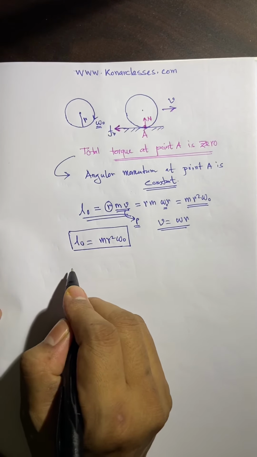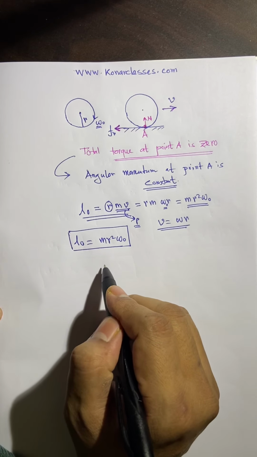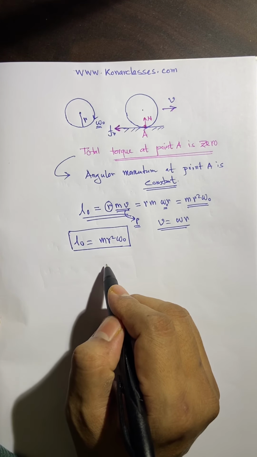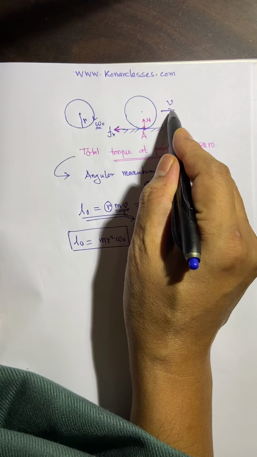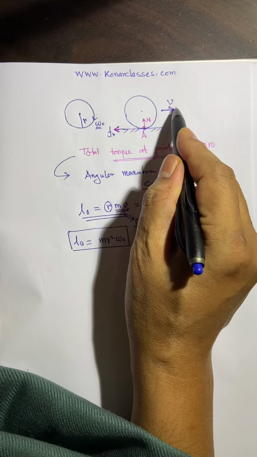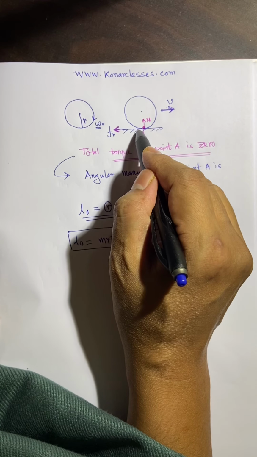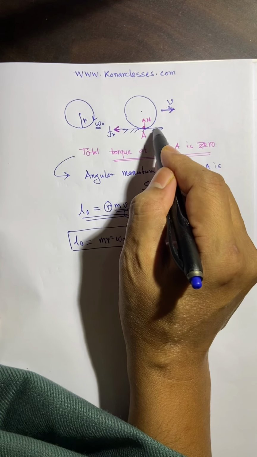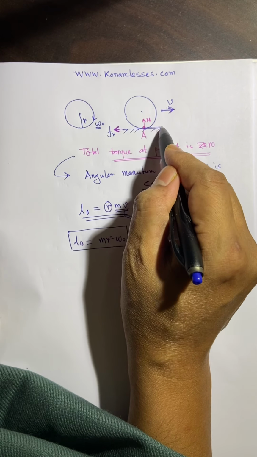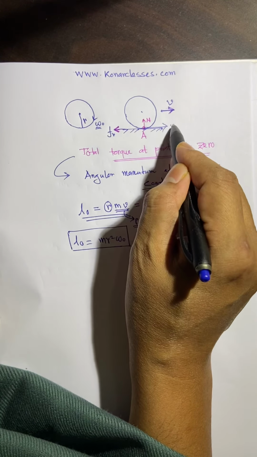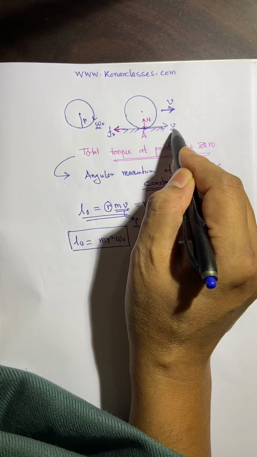Now when it stops slipping on the surface, it has a right hand direction velocity, and it will start rotating, and at the same time the point A will also start moving with the velocity v in this direction.